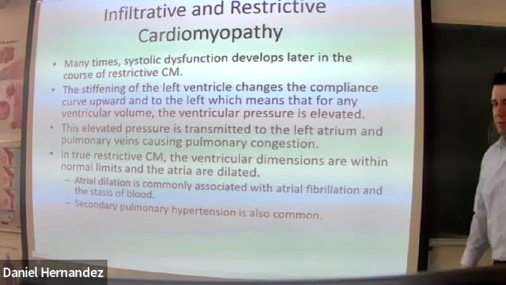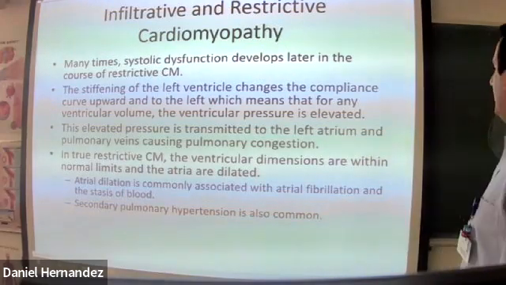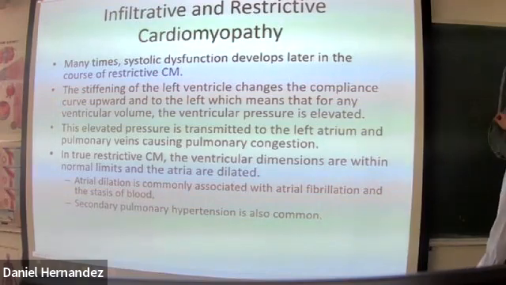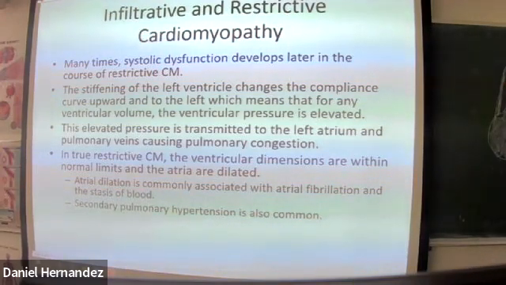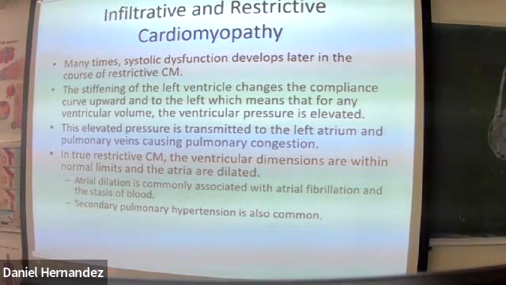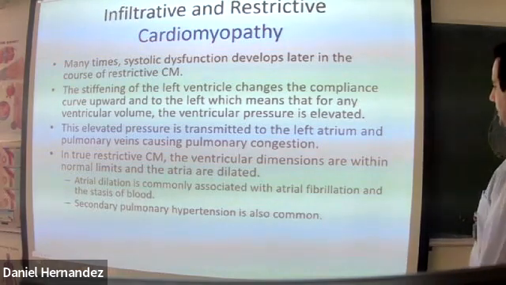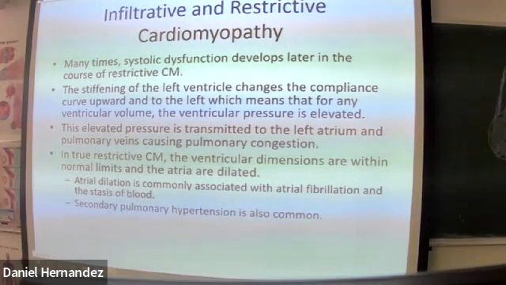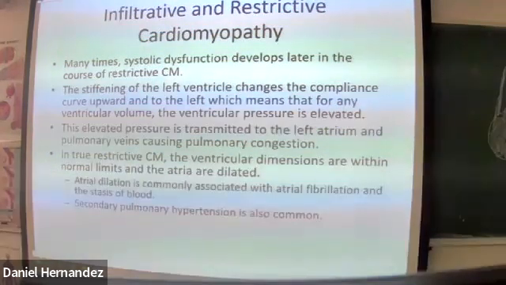So I look for biatrial enlargement with preserved systolic function. The atrial dilatation is commonly associated with our AFib and stasis of blood, and pulmonary hypertension is also common.